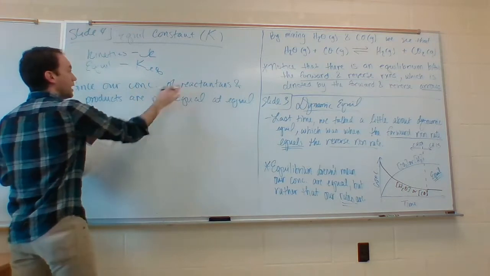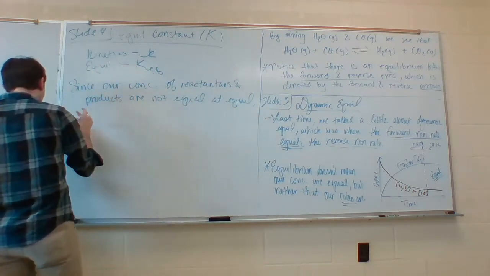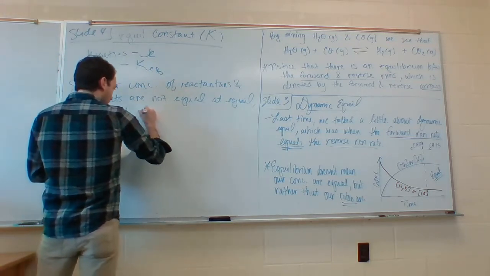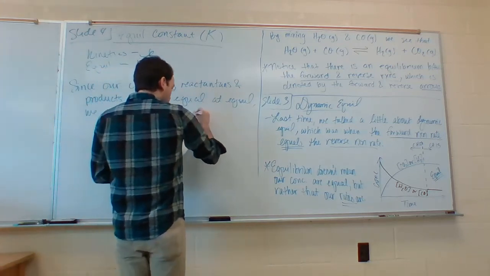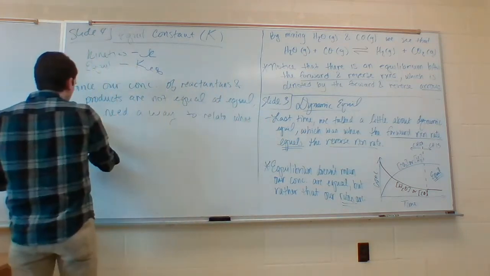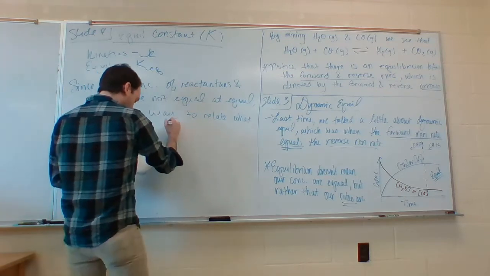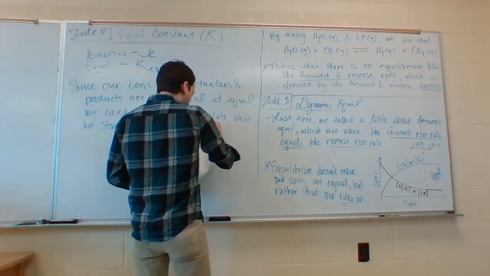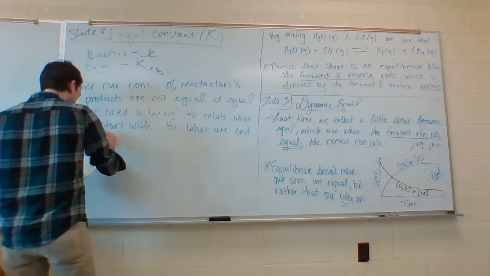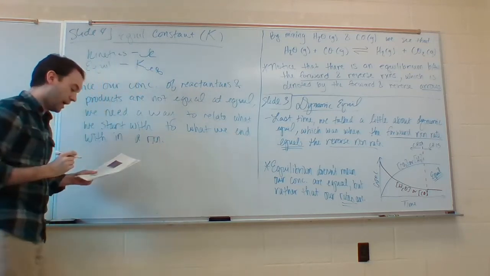So since our reactant and product concentrations are not equal at equilibrium, then we need a way to relate what we start with to what we end with in a reaction.